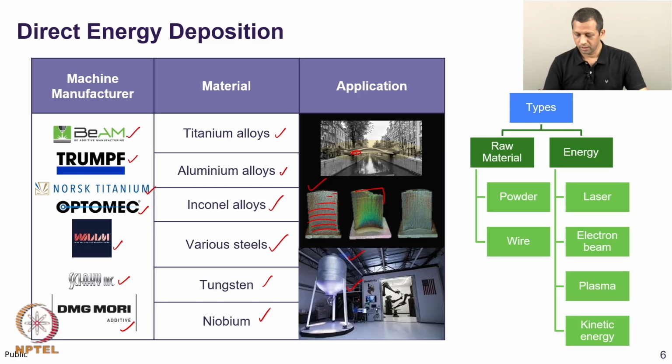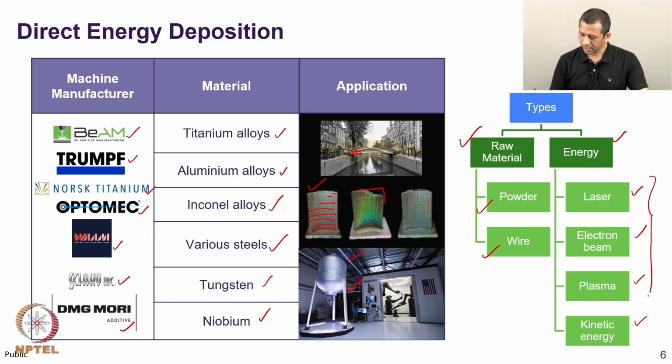Depending upon the raw material that is used or the energy source that is used, the DED process can be classified into many types. Whether a powder feed is used or wire is used, it can be a powder DED or a wire DED. Depending upon the type of energy source, it can be a laser or electron beam or plasma or kinetic energy DED.